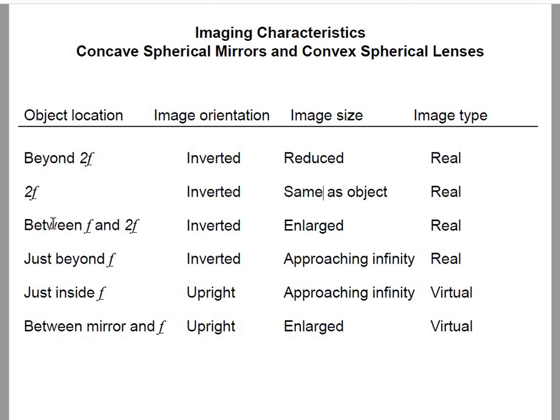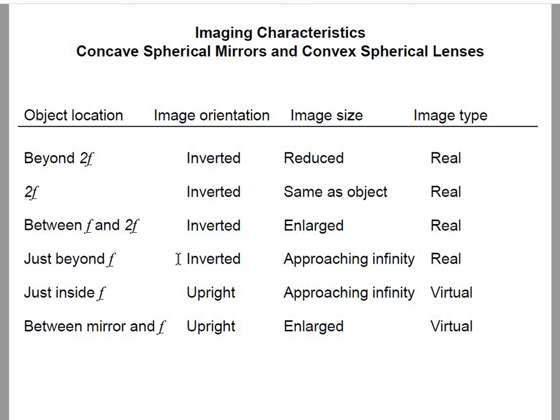Now, as the object moves closer to the lens, now we're between F and 2F. We're still in real object space. We get an inverted real image, but now the image is enlarged. See, it starts small, then it gets the same as the object, and then enlarged. And it's still a negative magnification because it's still inverted.